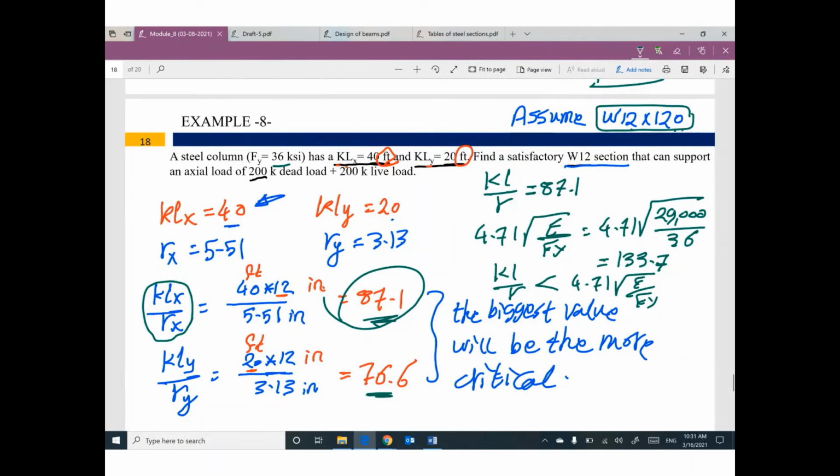So to design a column for any steel structure, under the effect of axial load only, we need to assume a cross section. We need to check buckling about X, buckling about Y, and use the biggest value, because the biggest slenderness ratio is the most critical.